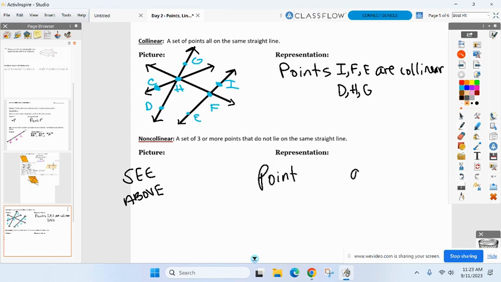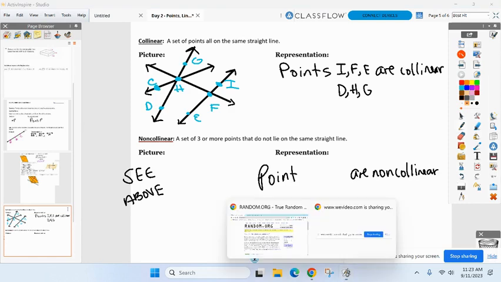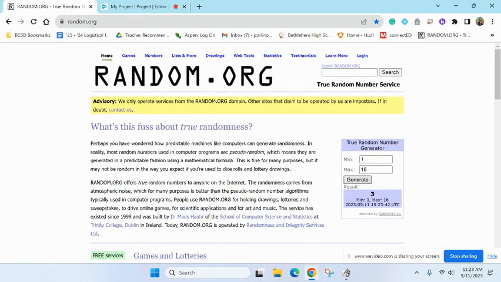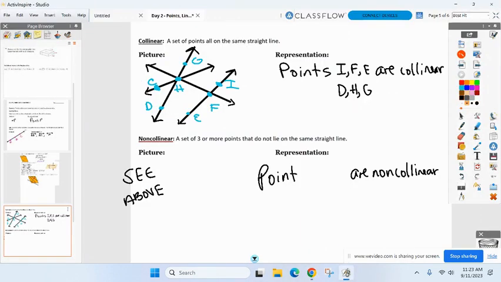Points blank, blank, blank are non-collinear. What do you got for me here? Aiden. H, E, C. H, E, and C was the other one? Yeah, nice job. I'm glad you picked those particular ones. You saved me some work here now.